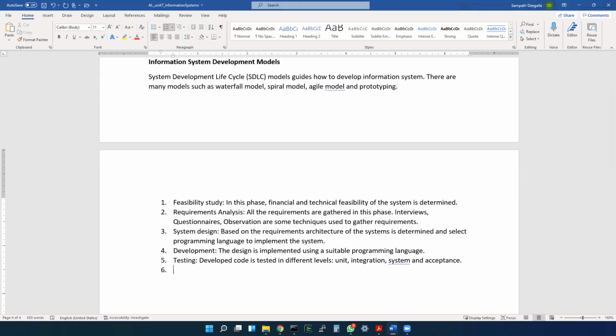So that is testing. Then the deployment.